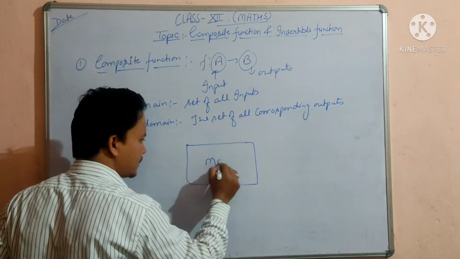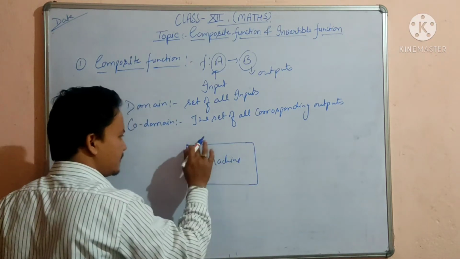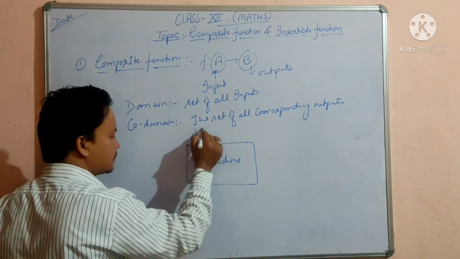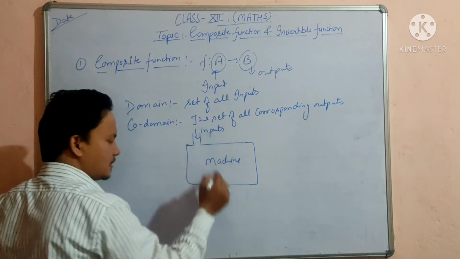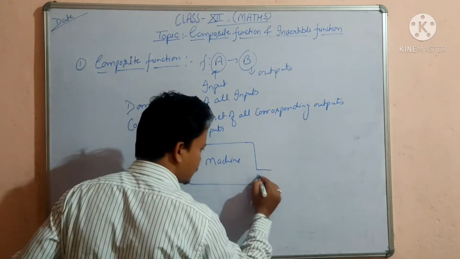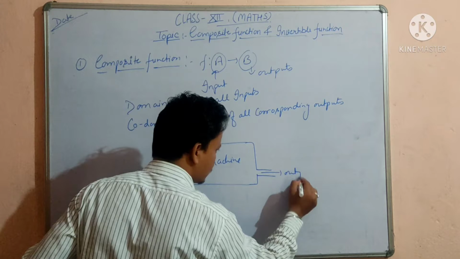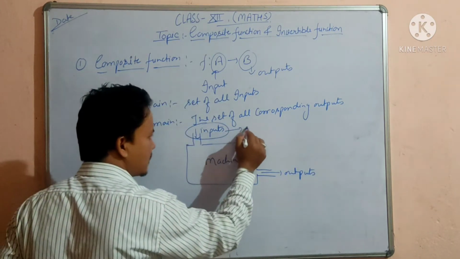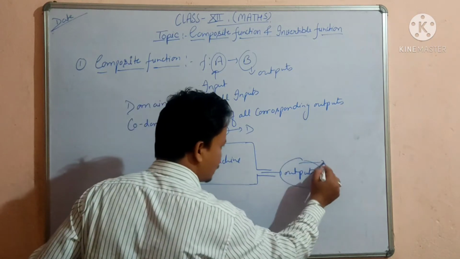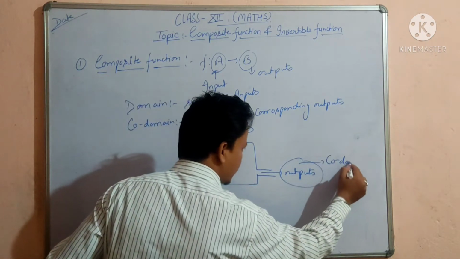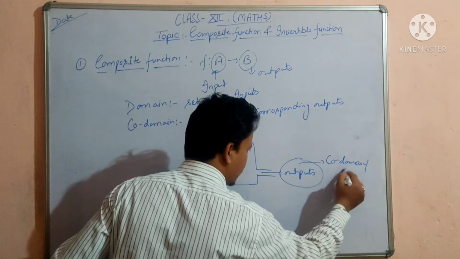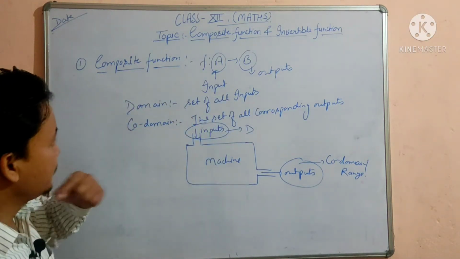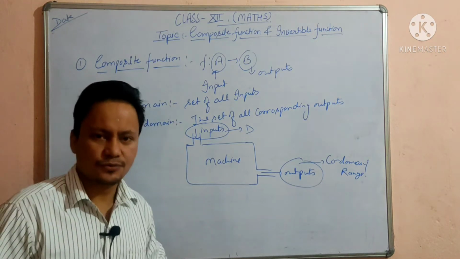We provide an input to this machine, and then we get some output. The collection of all inputs is known as domain and the collection of all outputs is called codomain. Now we are talking about the composition of two functions.